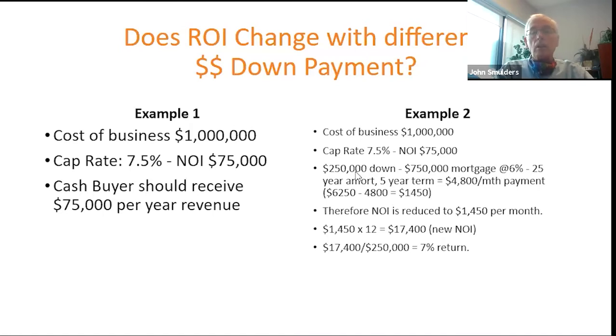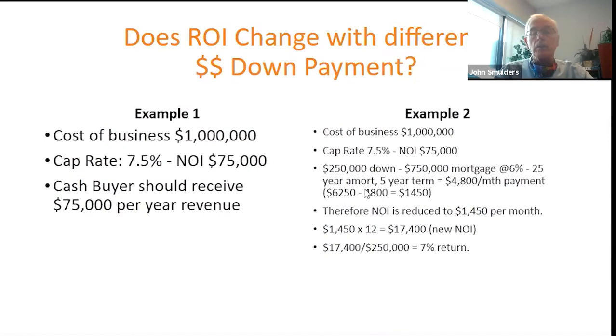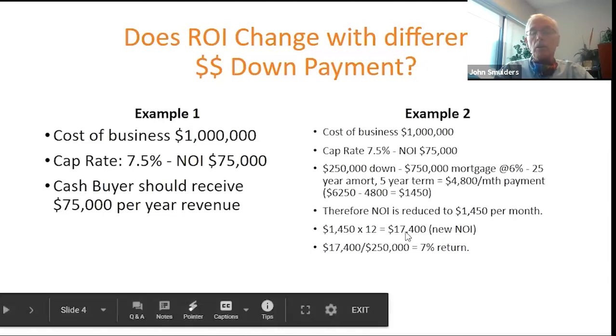You now have $6,250 per month. 75,000 divided by 12 is 6,250, minus 4,800 is 1,450. Your NOI is reduced to 1,450 a month, times 12 months is 17,400.